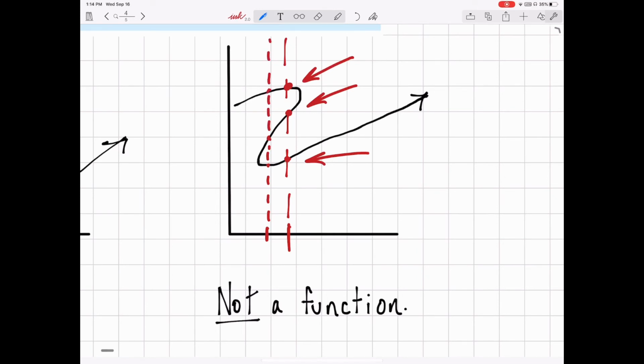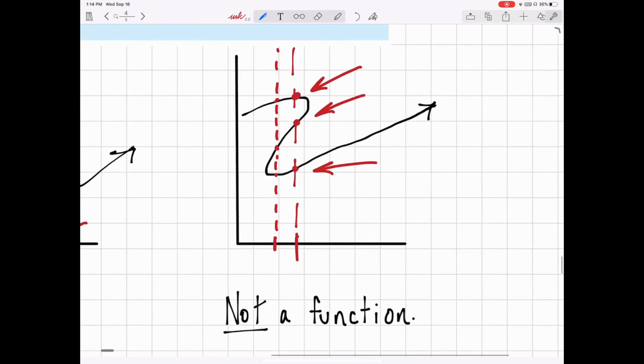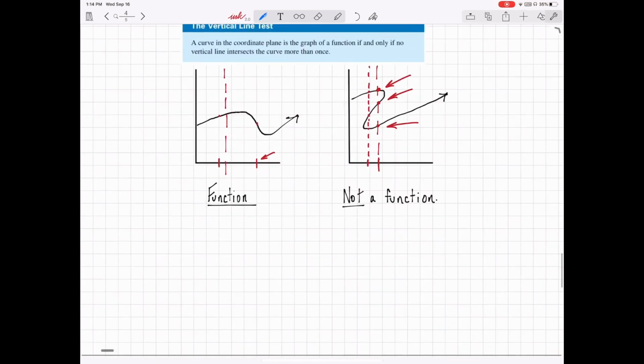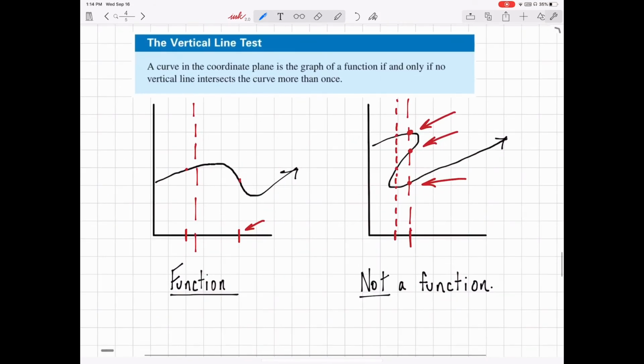So as soon as it's not one value out, it's not a function. So the vertical line test is just a test where we visualize a vertical line being dragged across the function, and if your function crosses that vertical line more than once, it's not a function.